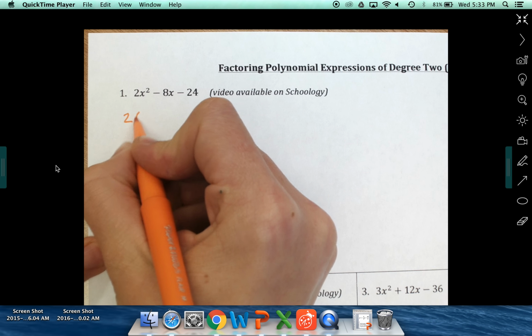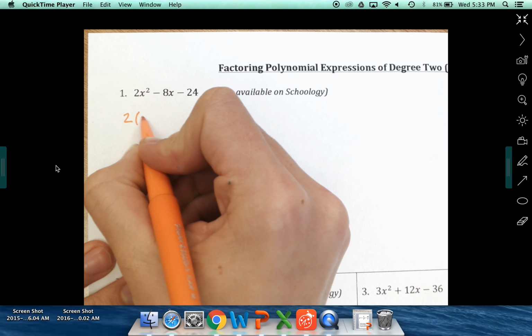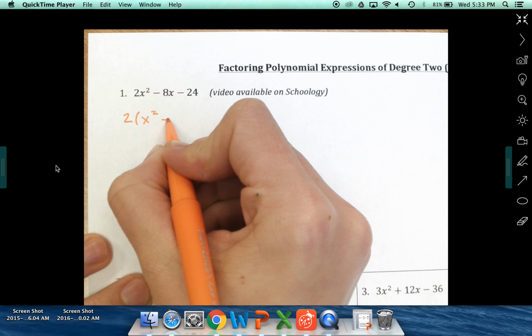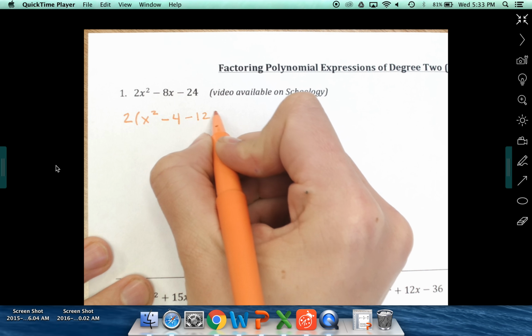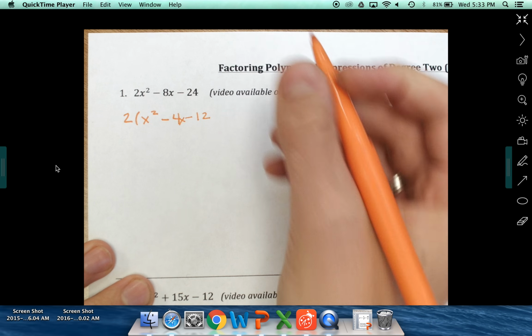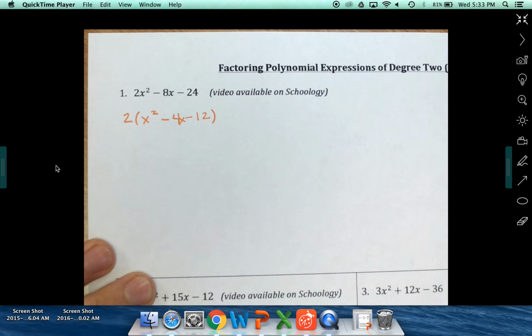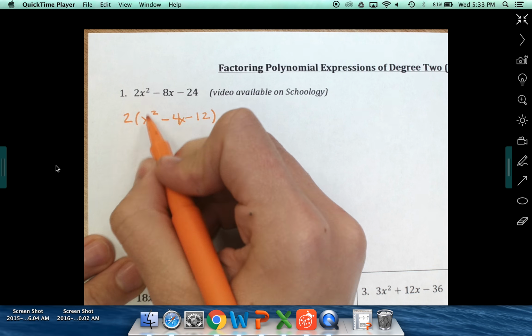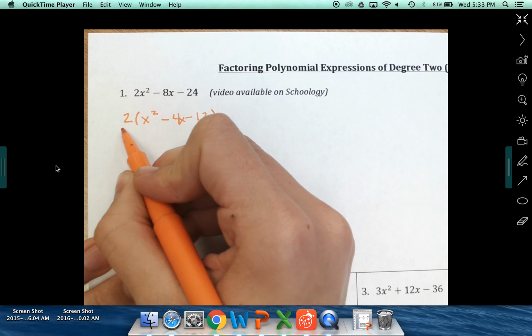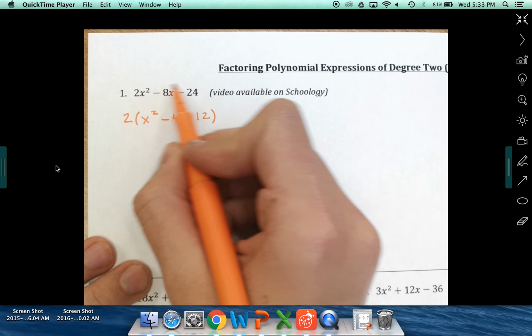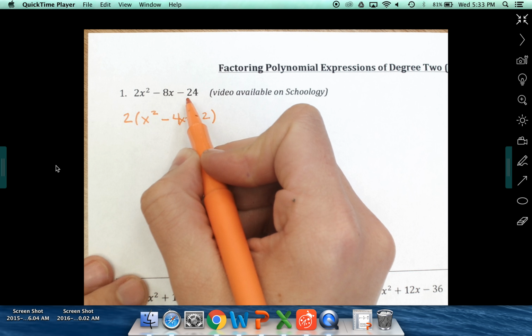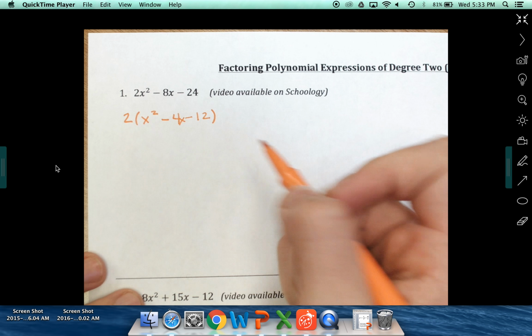If I factor out a 2, that would leave me with x squared minus 4x minus 12, right? Because 2 times x squared is 2x squared, 2 times negative 4x is negative 8x, and 2 times negative 12 is negative 24. So all I did was factor out a 2, okay?